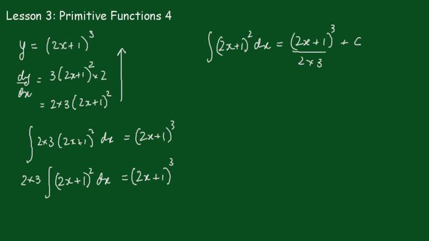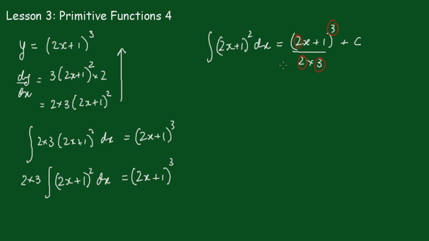Now note here you've got this 3, and that's that 3 there. So the power comes down as before, but we multiply it by the coefficient in front of the x.